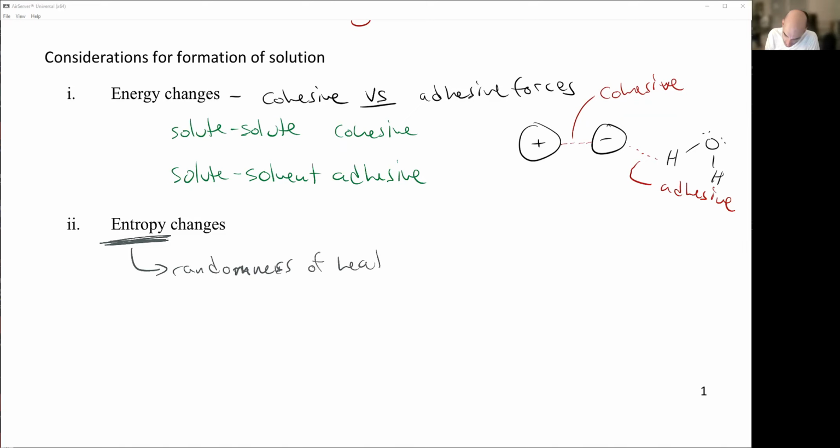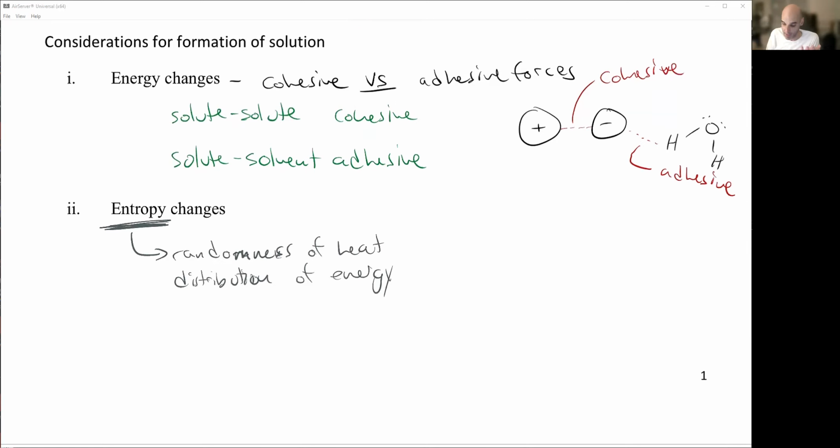We typically think of this as randomness of heat, but really it is the distribution of energy. Both of those things could be thought of as entropy. The more well distributed something is, the more dispersed energy is, the happier nature is. It wants to turn everything into a vacuum or turn everything into heat energy.